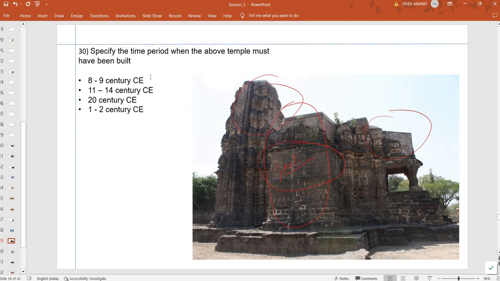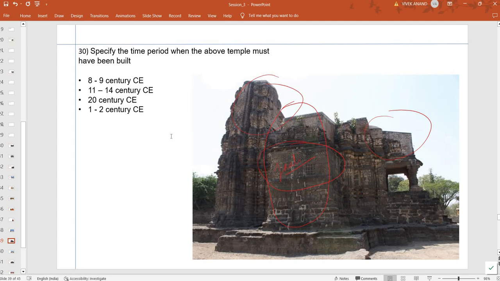It was used in Gujarat but on a limited scale only. It also cannot be from the 20th century because that is the period of modern architecture, when European influence came in India, British, Indo-Saracenic and all. And it also cannot be 1st to 2nd century CE because that was the period of monolithic temples built entirely from stone.